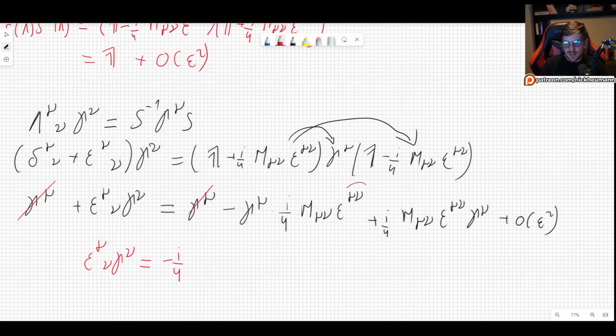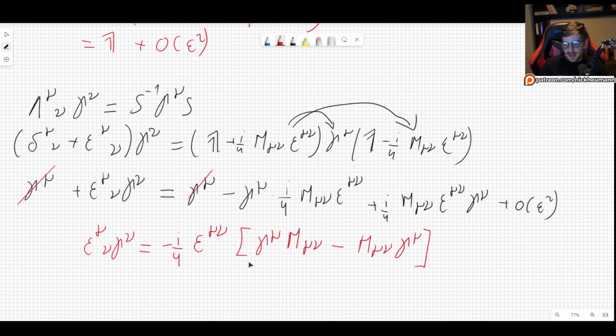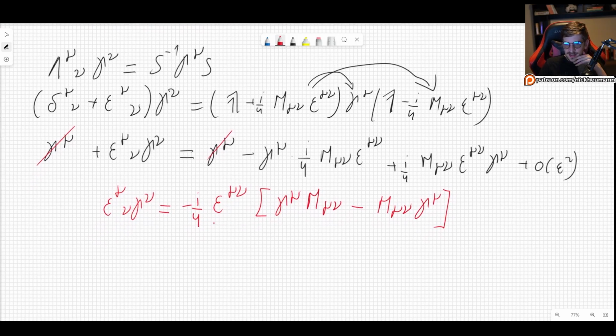Now keep in mind, this is a number, this is a matrix. Okay, so be very careful. This is a number. So this would be epsilon mu nu, and then we have gamma mu m mu nu minus, because we factor out a minus sign, m mu nu gamma mu. Okay, and what we have inside is simply a commutator.